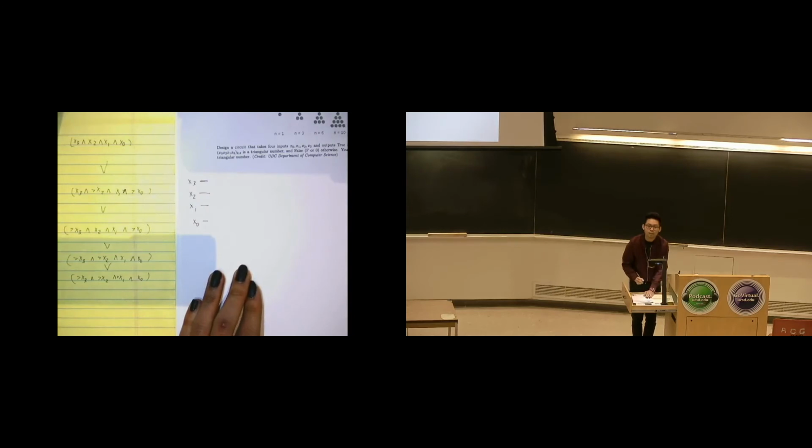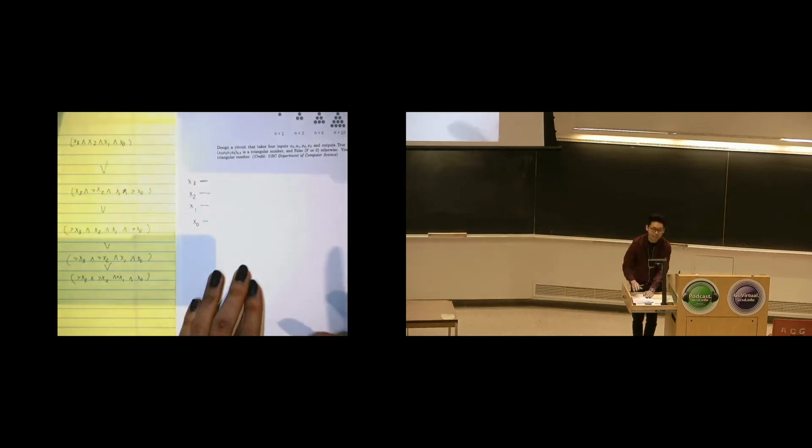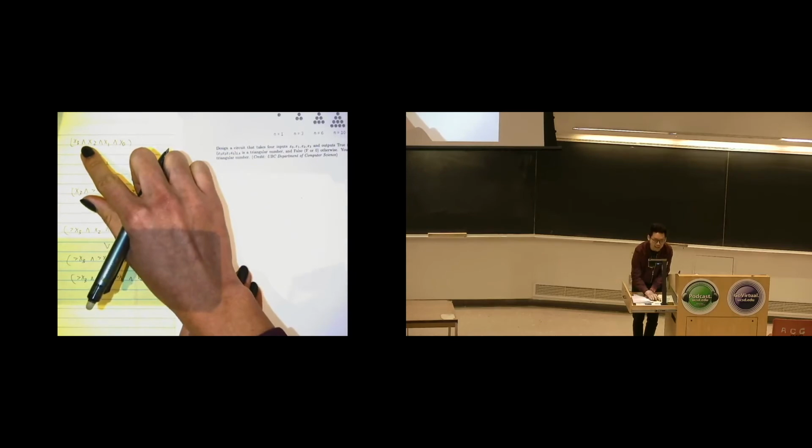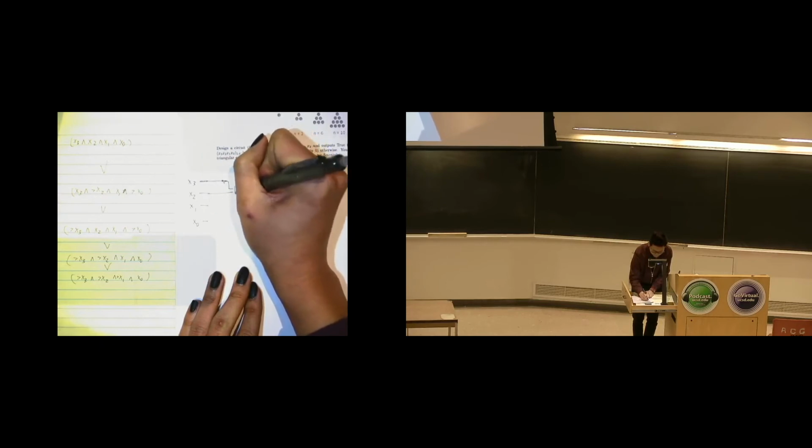One thing I would do is to do them separately first and then combine them later. So let's start with just this one. You want to AND all of them. So x3 AND with x2.